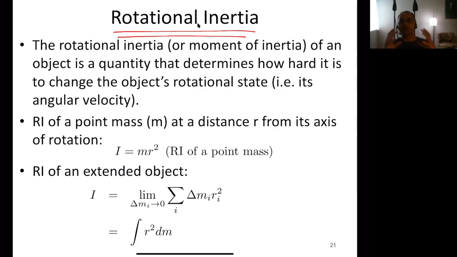But if you just set it rotating and there is no other influence on it, it will keep on rotating forever, right? So this tendency of an object to resist any change in its rotational state is called rotational inertia. That makes sense?